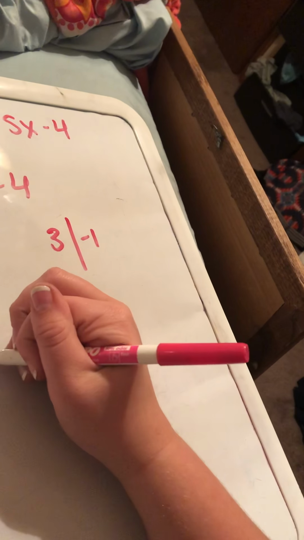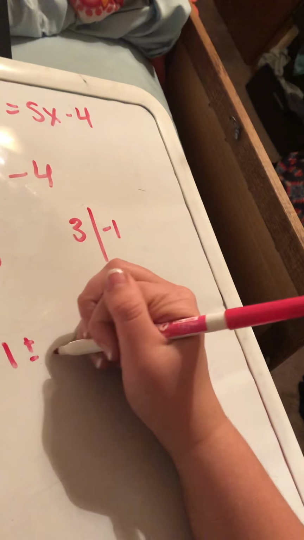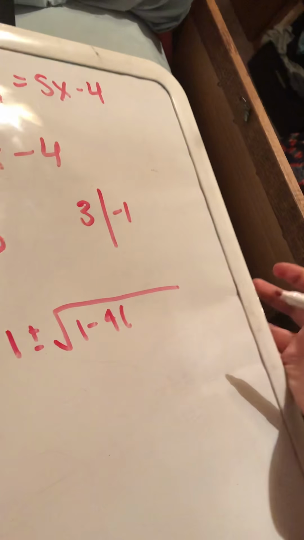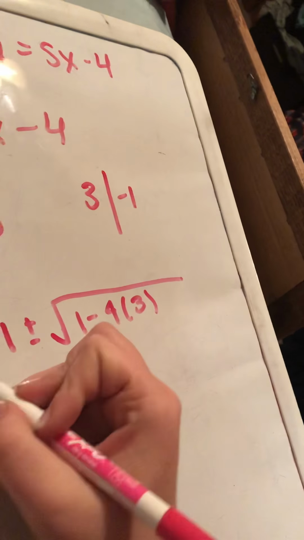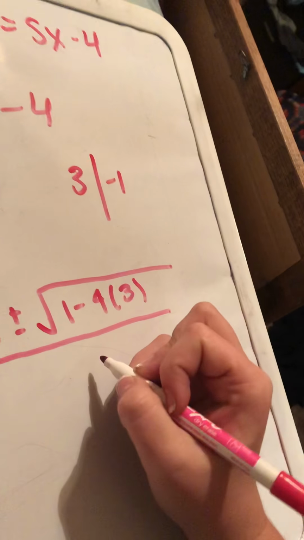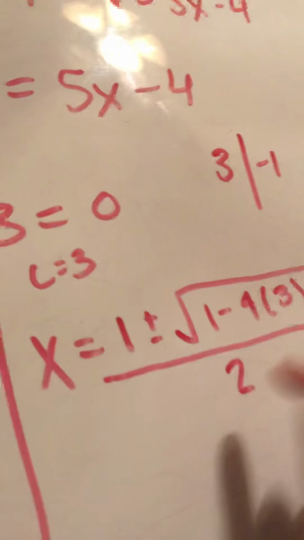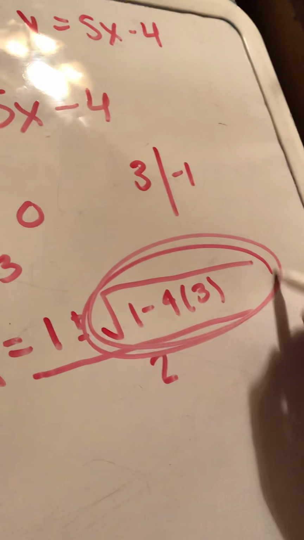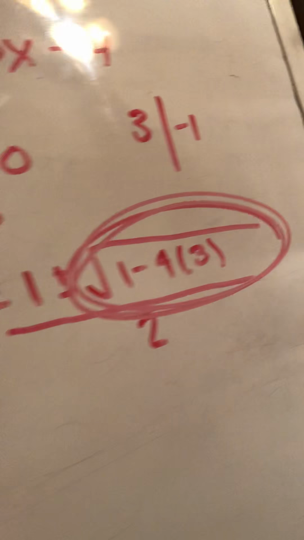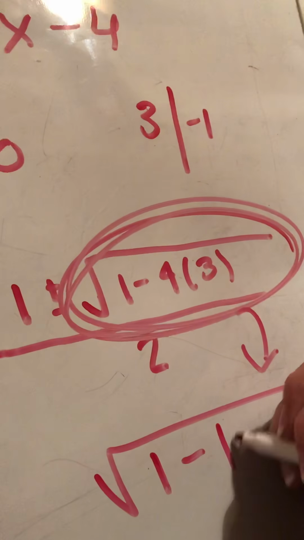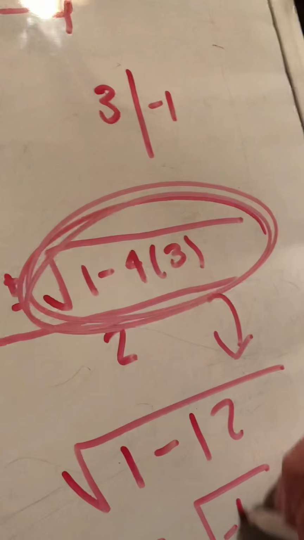So x equals negative b plus or minus the square root of b squared minus 4ac all over 2a. However, we're just going to zoom in on our radical, and if you look at it, 1 minus 12 equals the square root of -11.